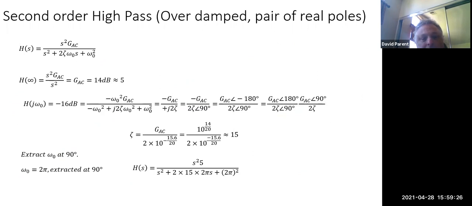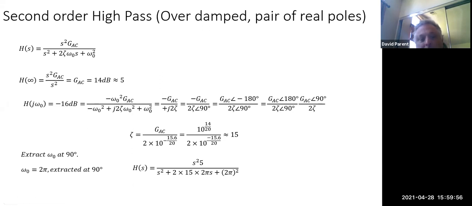Now, the slides are getting a little hairy. So this is what I'm going to extract. But look here. When omega equals infinity, this reduces to the high frequency gain, which in linear terms is 5. And when s equals j omega, we're measuring minus 16 dB.